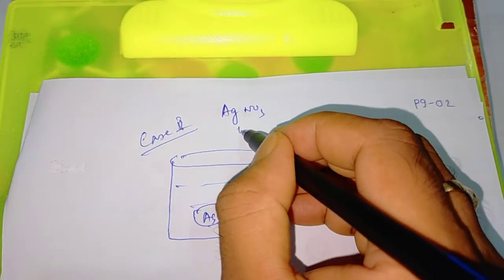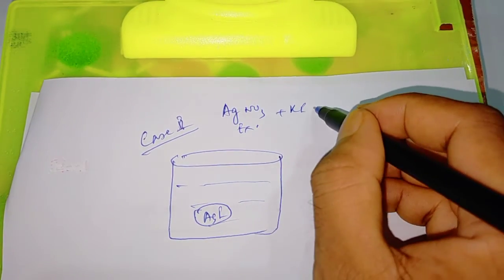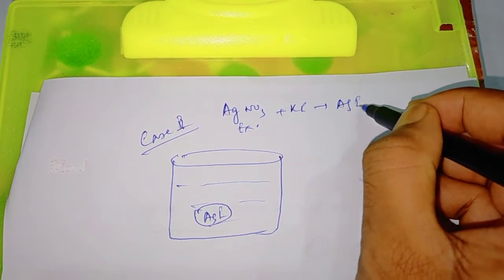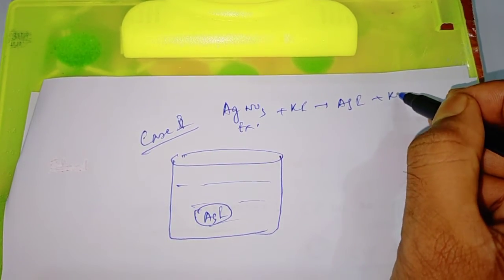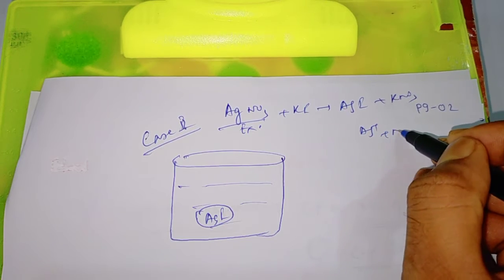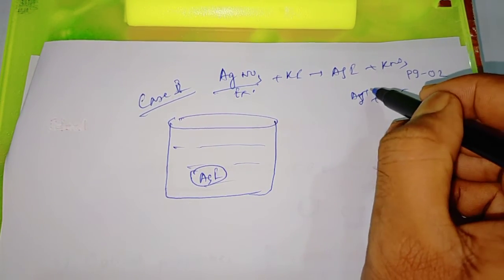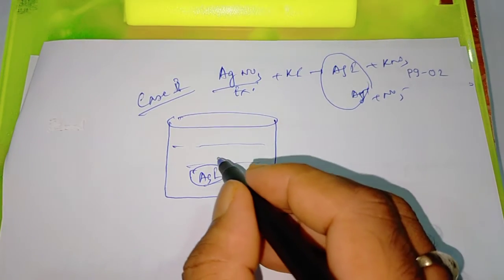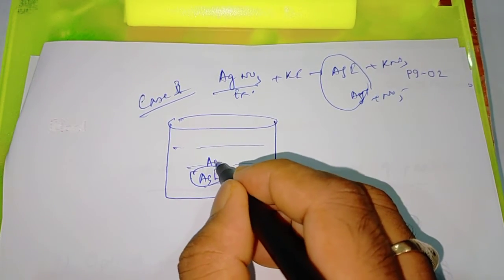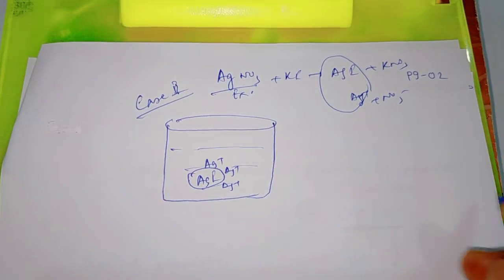Silver nitrate, this one is excess, plus potassium iodide forming your silver iodide and KNO3. Since this one is excess of silver and NO3 negative, these silvers are going to adsorb on silver iodide. So this is silver, silver, silver.